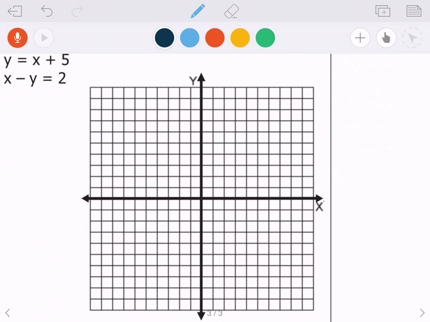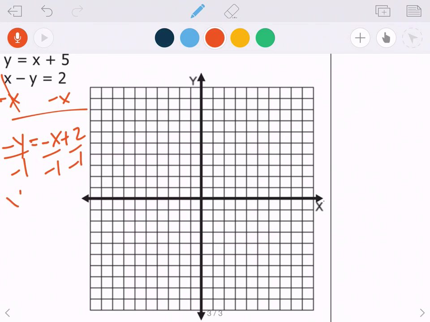And then lastly, let's do this problem. I'm going to convert the second equation to slope-intercept. When I do that, I'm going to get y equals negative x over negative 1, which is positive x, minus 2.